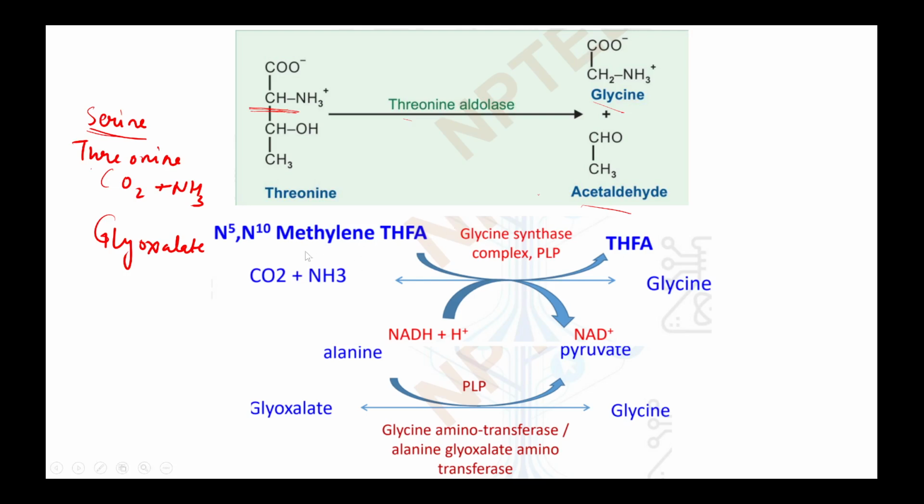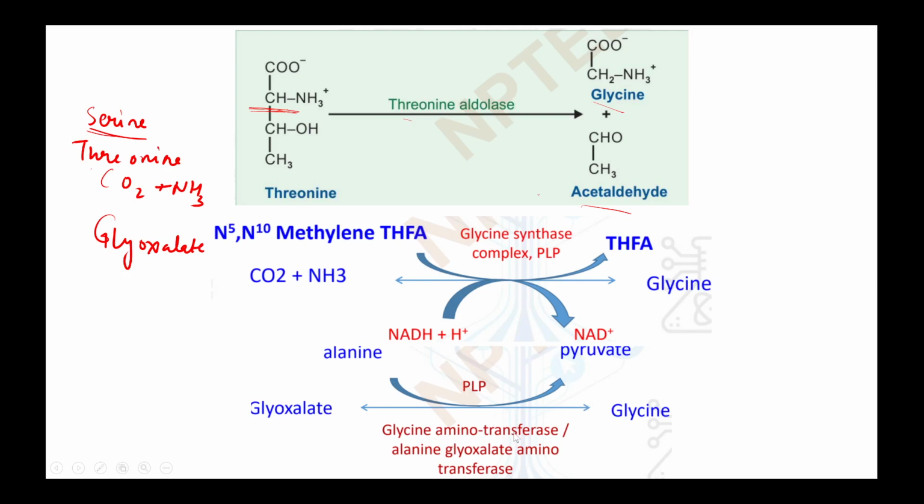In this case, now the N-methylene tetrahydrofolic acid will give the methylene group, and the carbon dioxide and NH3 along with the methylene group will form glycine. And in this reaction, one NADH molecule is also utilized. Then we have the last reaction, that is glyoxylate. So glyoxylate gets converted into glycine.